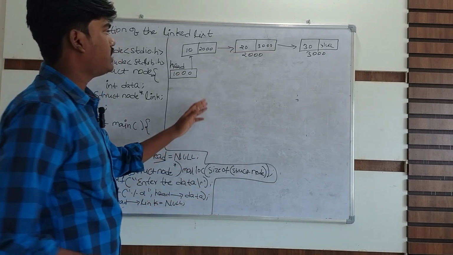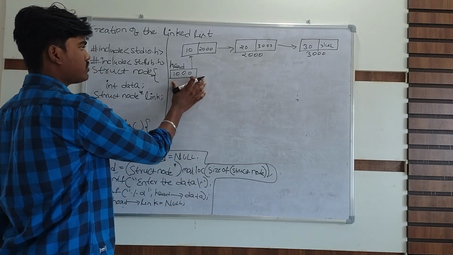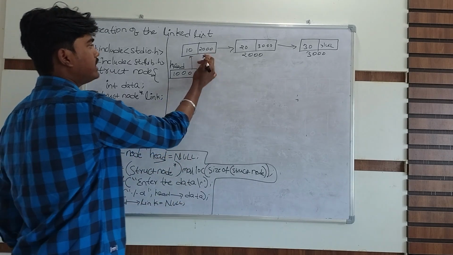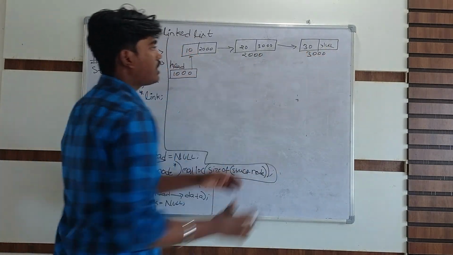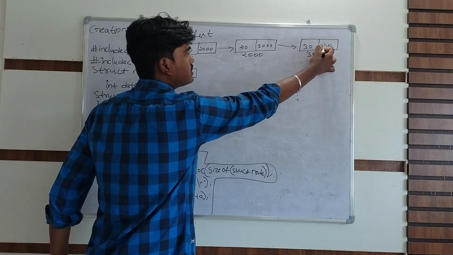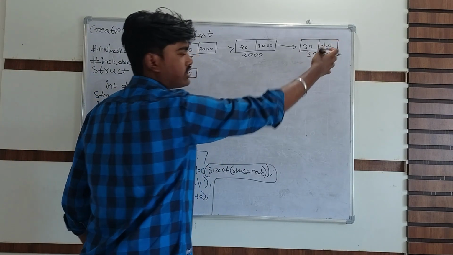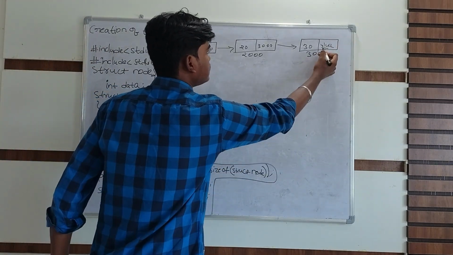Now we created three nodes. First, head will store the address of the first node, which will store the address of the next node. The last node will be empty. It will point to null because it is not connecting to any other node; there is no other node after this, so it is null.